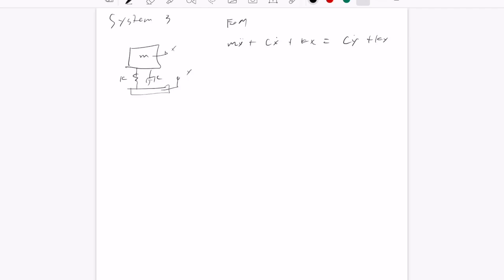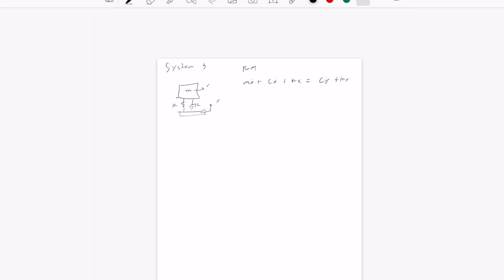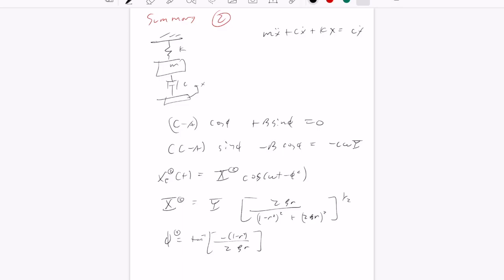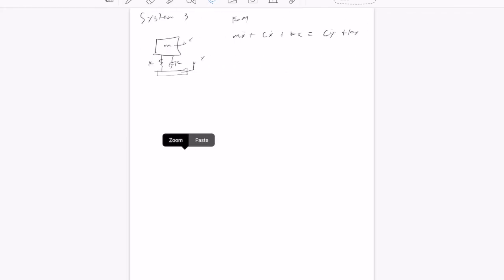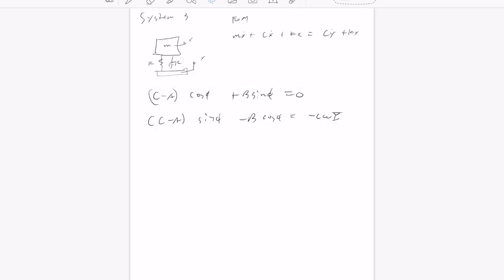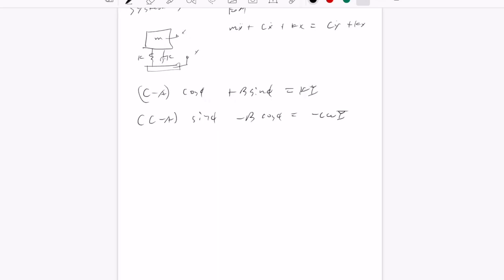Now we've already done the derivation on if we had ky over here and cy over here, so pretty much almost nothing changes except this side now becomes ky. Okay.